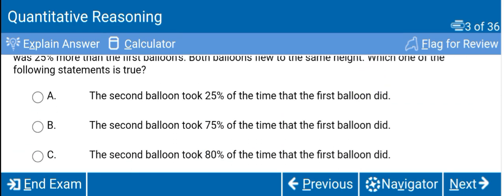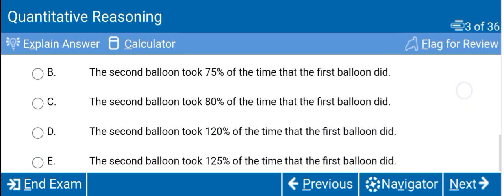Option A, the second balloon took 25% of the time that the first balloon did. Option B, the second balloon took 75% of the time that the first balloon did. Option C, the second balloon took 80% of the time that the first balloon did. Option D, the second balloon took 120% of the time.